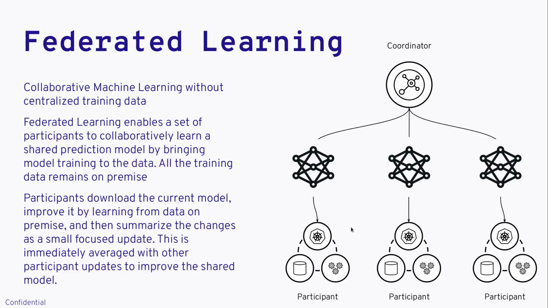Each participant will train over their own data, and since the data is different, each participant will create a slightly different model, and all those models are then sent back to the coordinator and they are aggregated into a new global model, and this keeps going until we finish the numbers of rounds that we specified in the beginning.